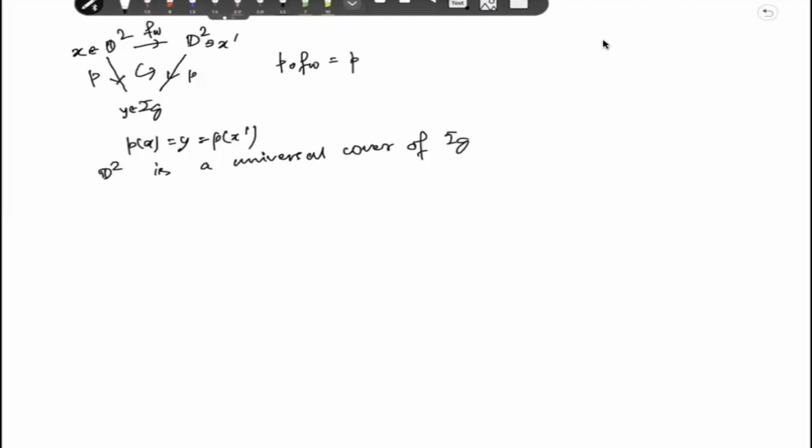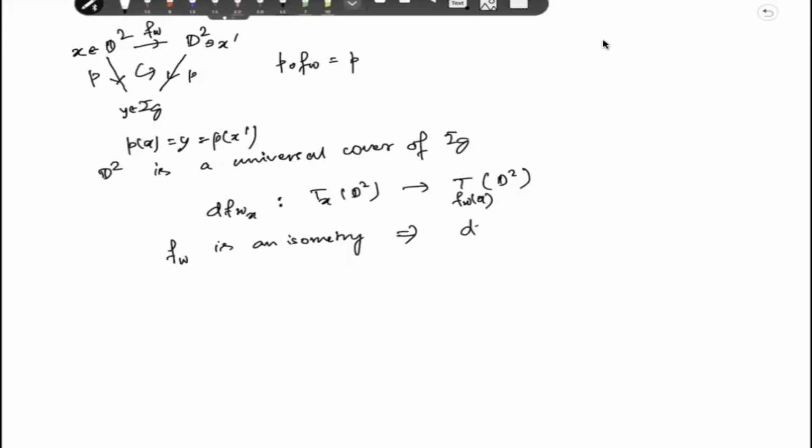Okay, so because of this, if I take the differential of f_w at the point x, this will be from the tangent space of the unit disk at the point x to the tangent space of this unit disk at the point f_w(x). Since f_w is an isometry, this will imply that df_w will preserve the inner product.